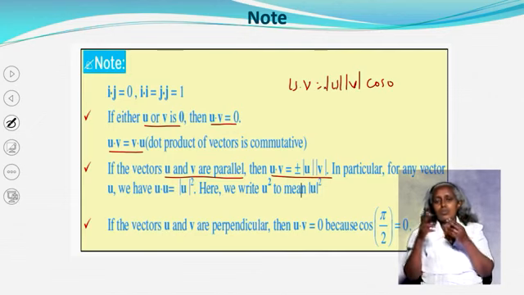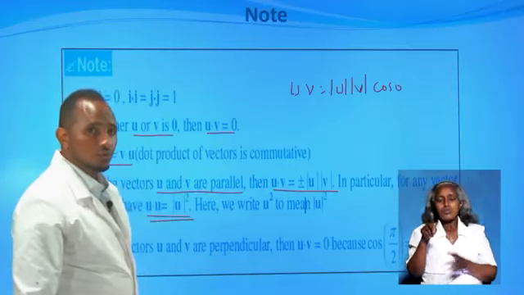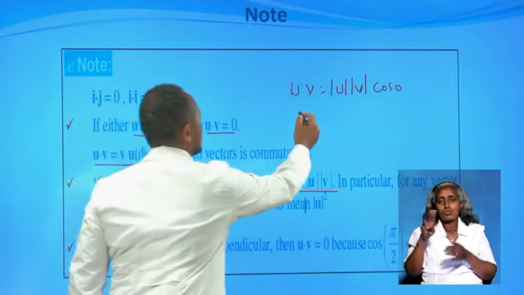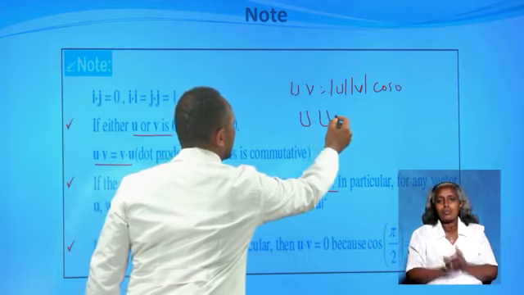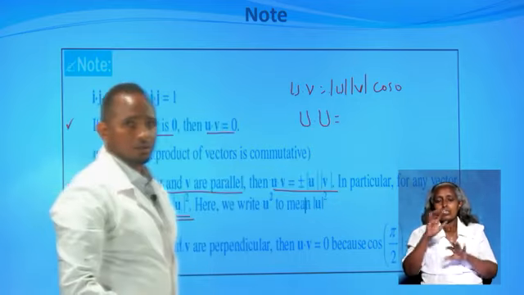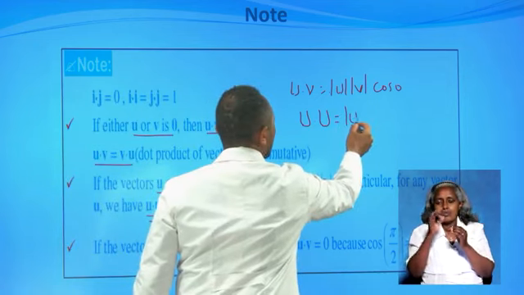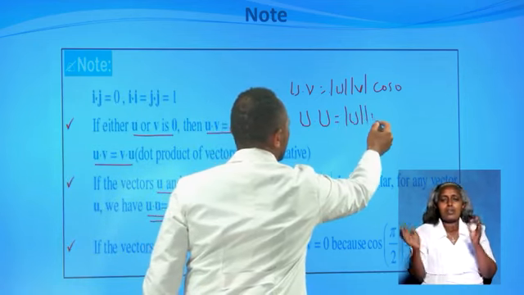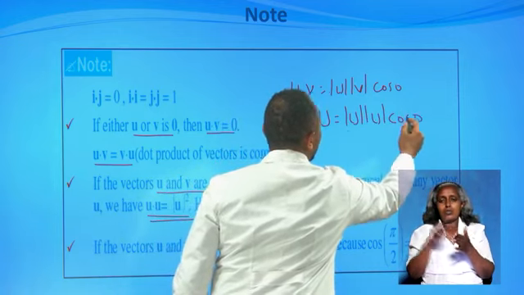In particular, for any vector u, we have this basic property: u dot u is given by magnitude of u times magnitude of u times cosine of the angle between u and u, which is 0.